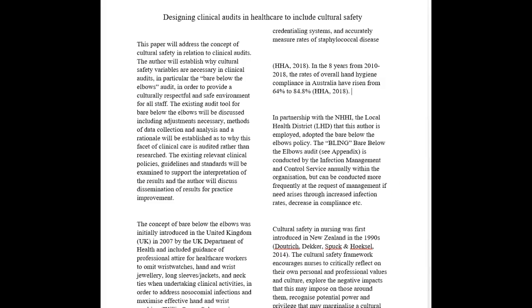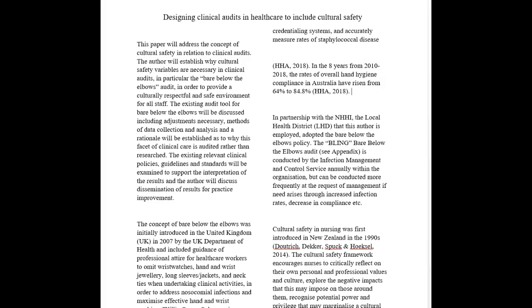Okay, so remember, a clinical audit is about ensuring that the standards of practice within your unit are compared against a guideline, protocol, policy or standard.